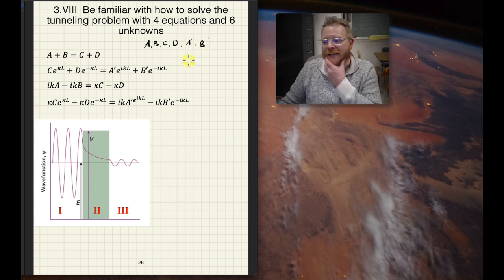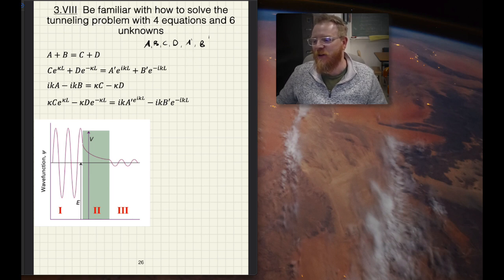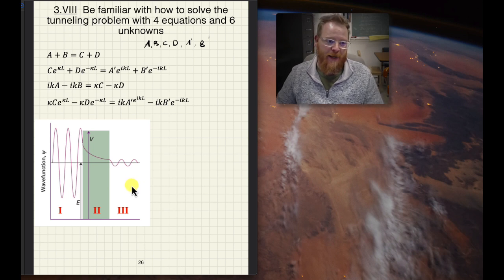And now, as we might start to guess, we can't do this, right? We need, for 6 unknowns, 6 equations, okay? But we can start to think about this problem logically and see if there's anything that we can eliminate.